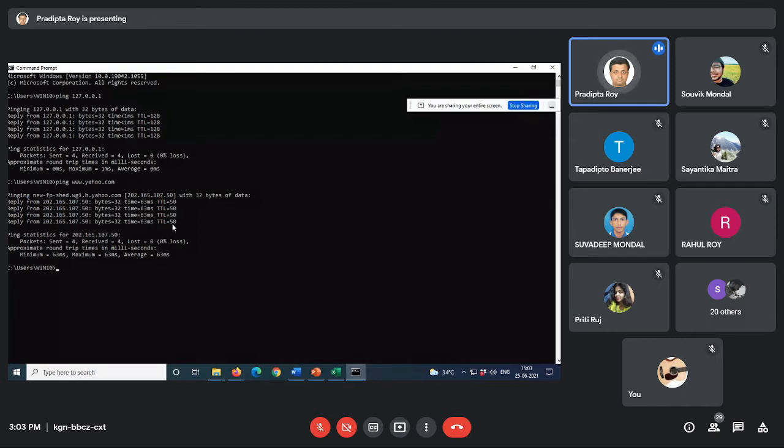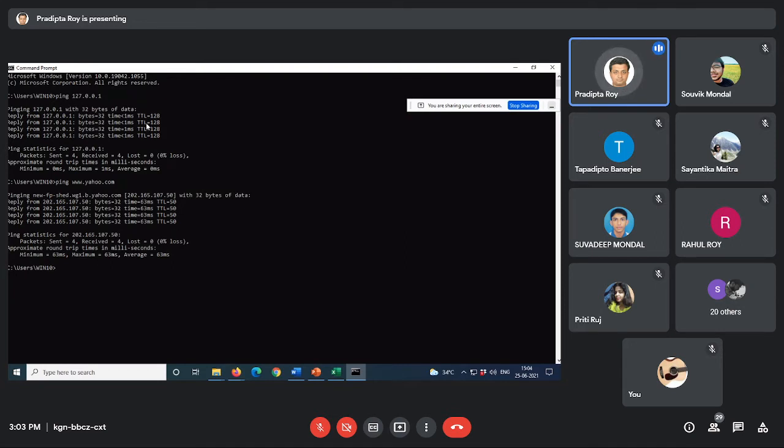Okay, so when you send your information to the network, your data packet will cross some junction points, and specifically routers are the junction points. So when your data packet crosses one router, your TTL value is decremented by 1.